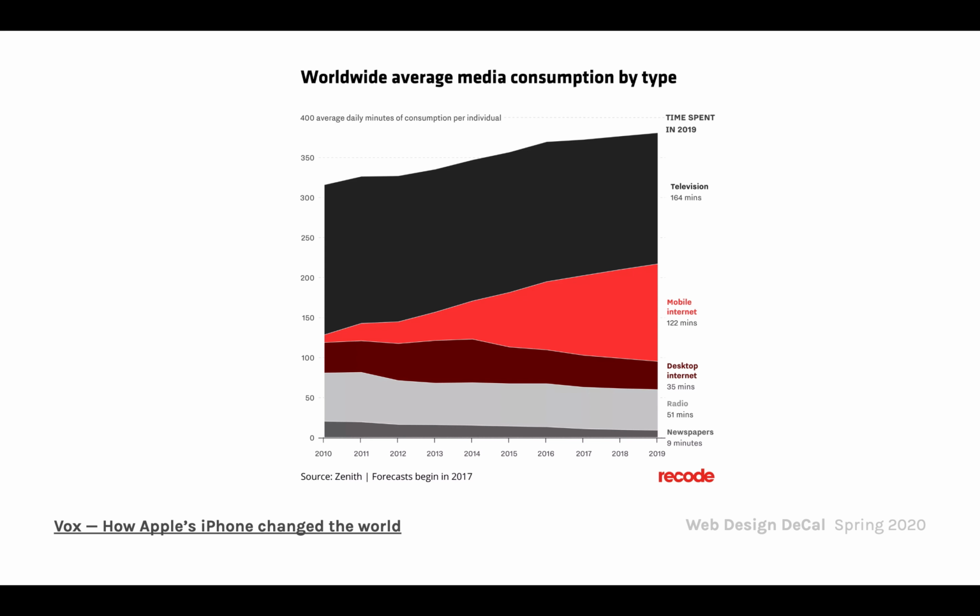But this is what people are used to nowadays. In fact, mobile ad spending is expected to surpass desktop ad spending as well. So designing for mobile interface is incredibly important, because we as people have proven that we're continuing to spend more and more time on it.